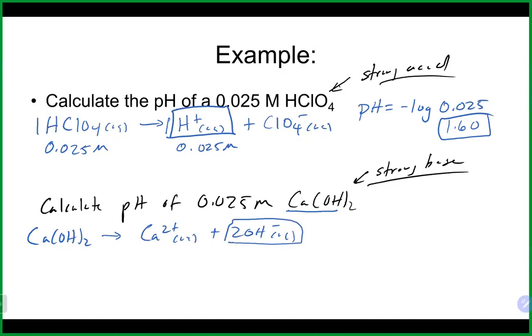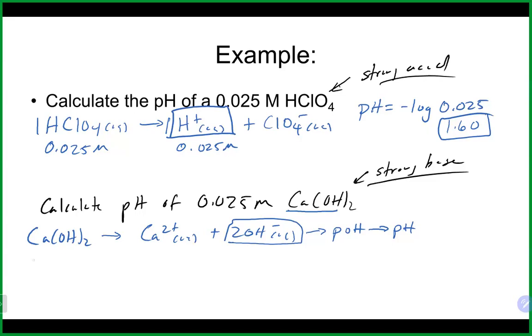That will allow you to get not the pH, but the pOH, and then you can subtract from 14 and get to the pH. So because this is a base, we don't have the H plus concentration, but we do have the OH minus concentration. So we have to first go to pOH and then to the pH.